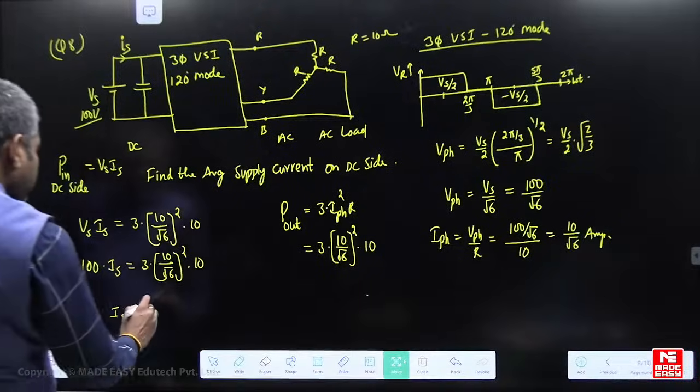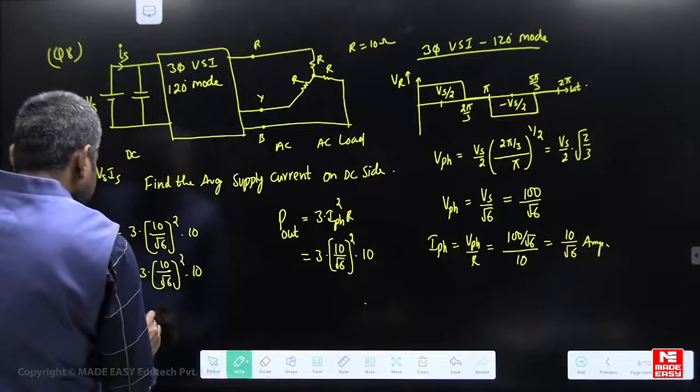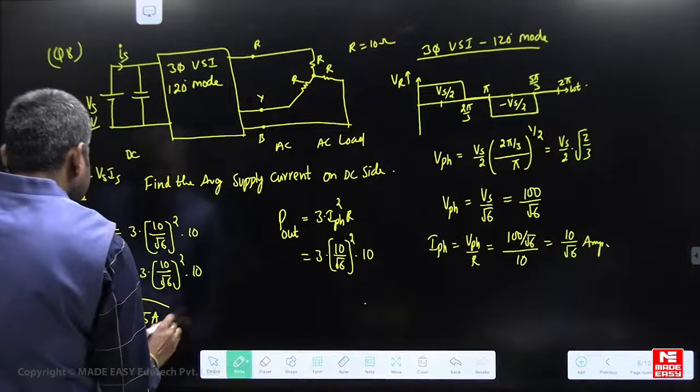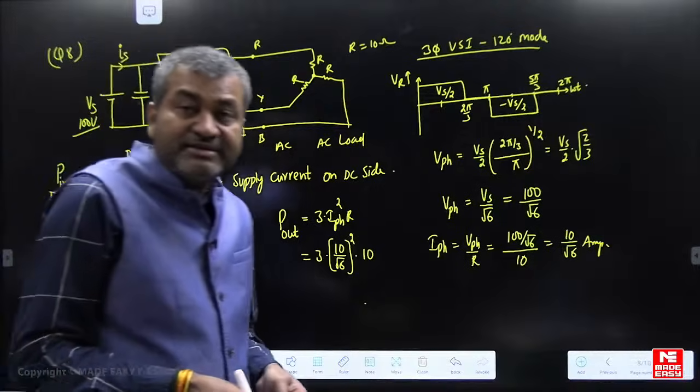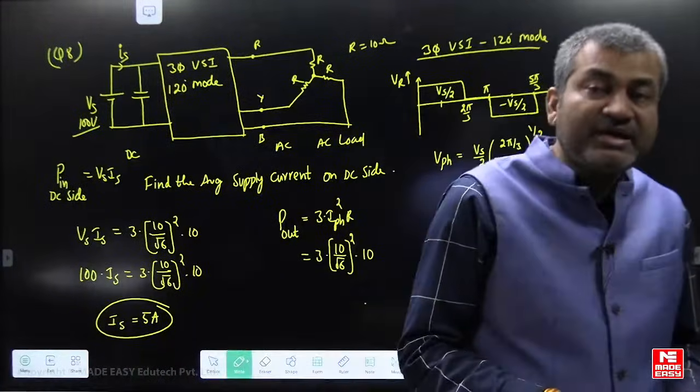So 5 amperes you will get. So that is the answer, right? Supply current on DC side is 5 amperes, the right answer.